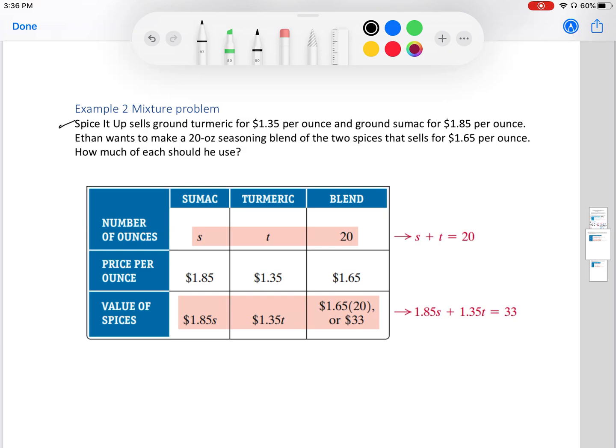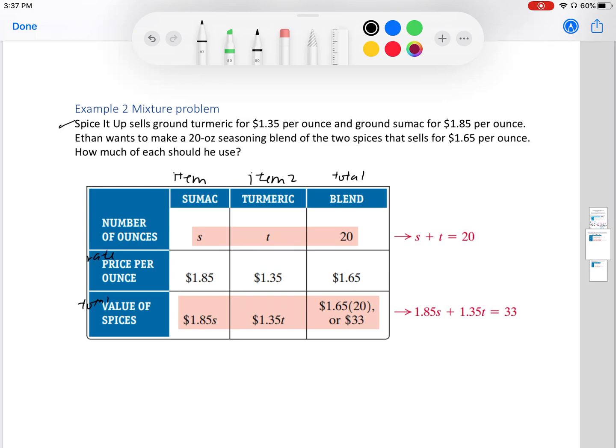Okay, so what's different here is that we're mixing things up. When we're mixing things up, it's not as straightforward as our last question. For this one, our chart is helpful. So you do want to make your chart with your item 1, your item 2, and then your total, your sum, and then your rate and your total.